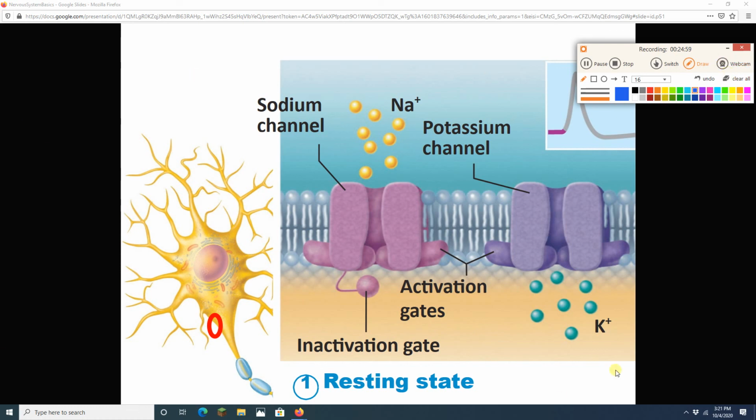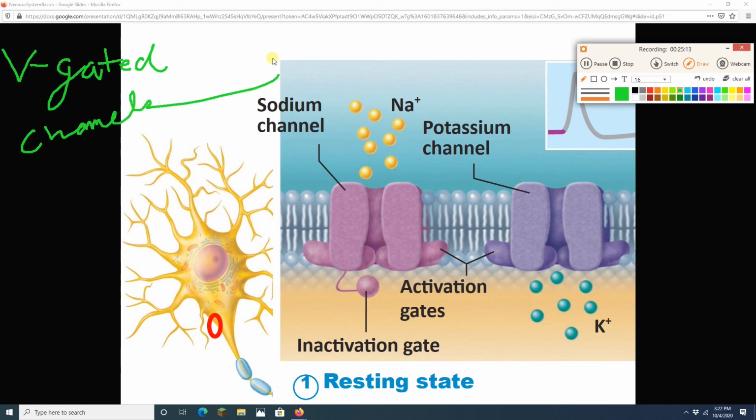However, the axon, and only the axon, is going to have these channels that are called voltage-gated channels. So the axon has voltage-gated channels. And there are two types of voltage-gated channels: one for sodium and one for potassium.